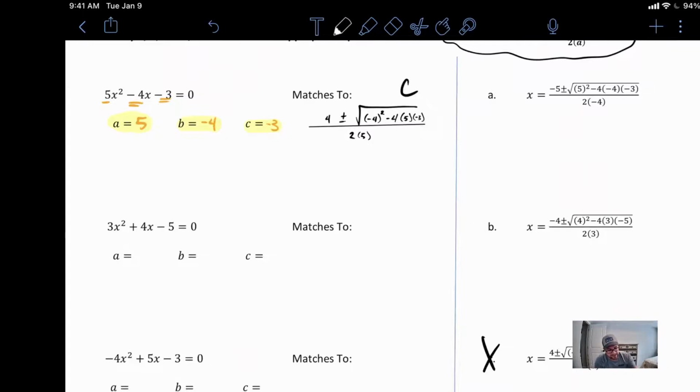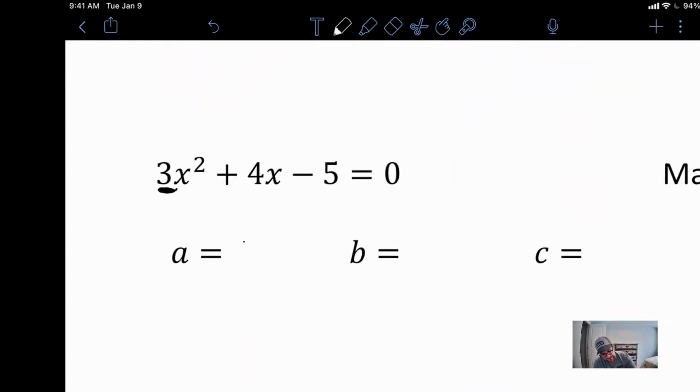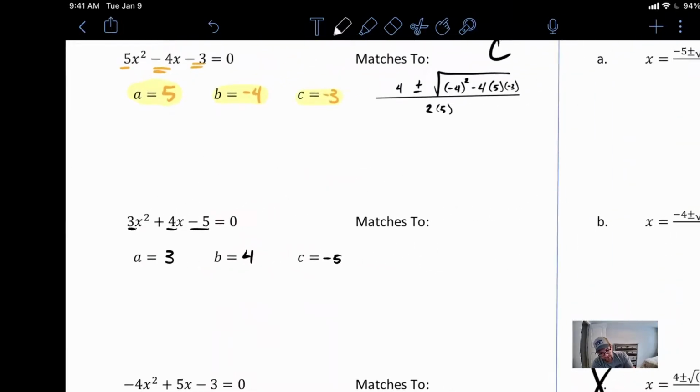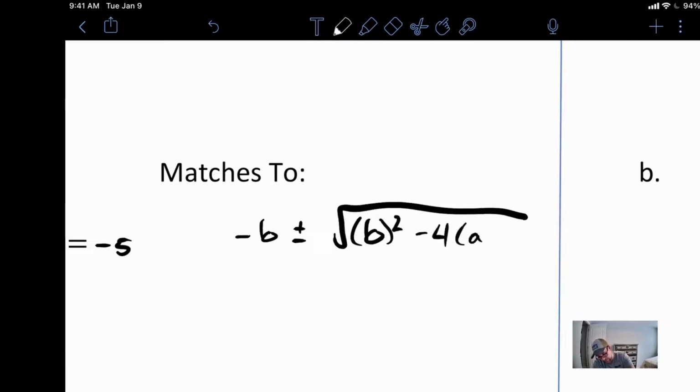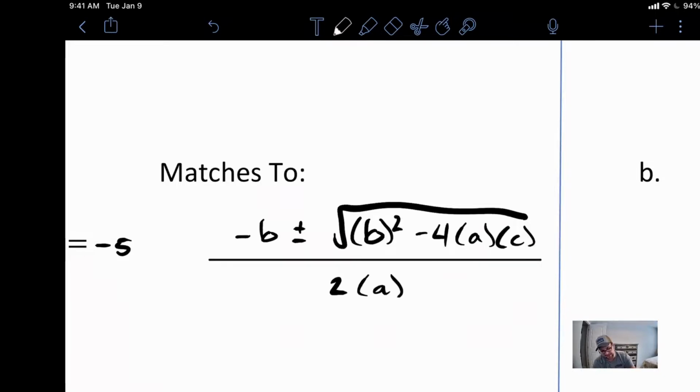Looking at the next problem, A is equal to 3, B is equal to 4, and C is equal to negative 5. So going back to my quadratic formula, negative b plus or minus the square root of b squared minus 4 times a times c all over 2 times a.